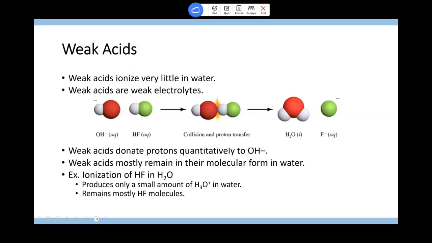So if you have a weak acid in solution, then it will only donate part of its ions. Some of it will stay together. But for the hydrogens that are donated, we then would generate the anion from the acid, and then in this case H2O.